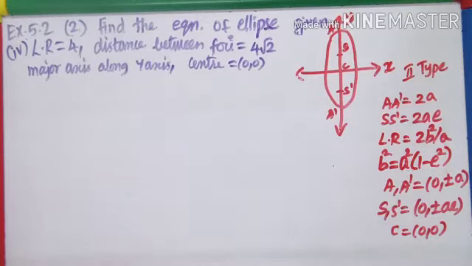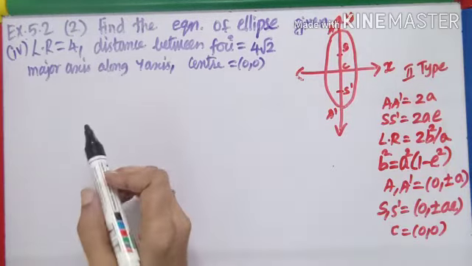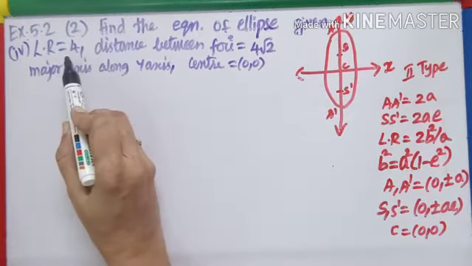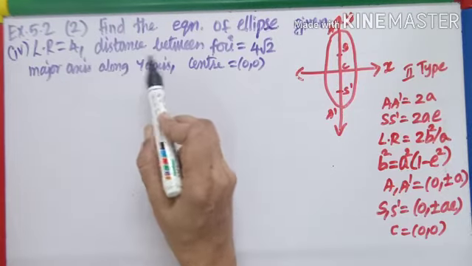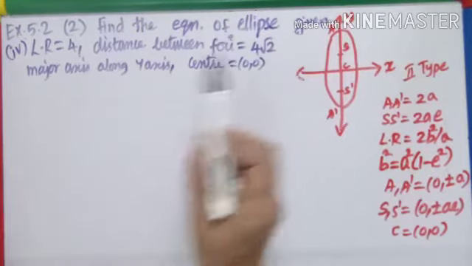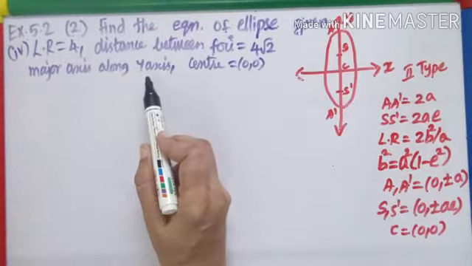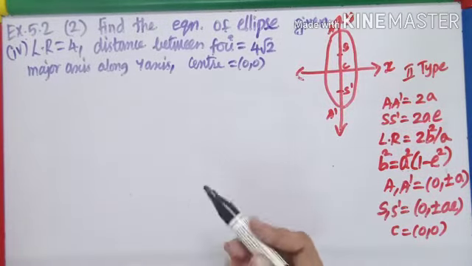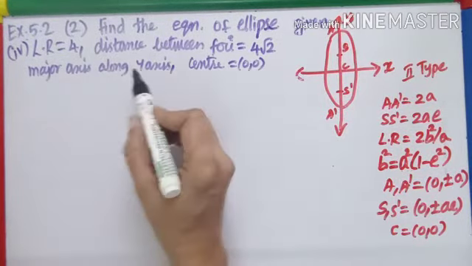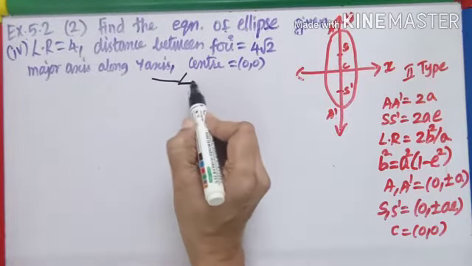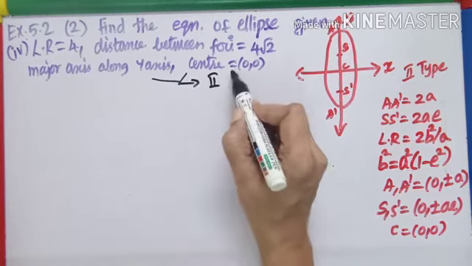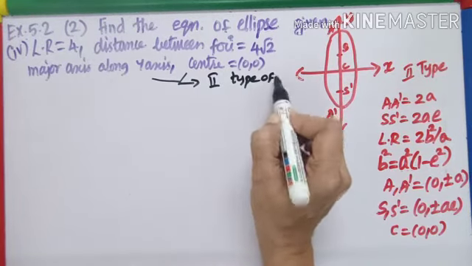Question number 2, subsection 4. Given the length of latus rectum 4, distance between the focus 4 root 2, major axis along y-axis and center 0, 0. Major along y-axis and center 0, 0 tells me it is second type of ellipse.